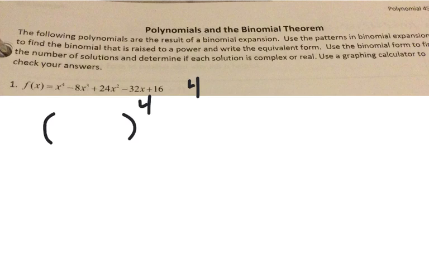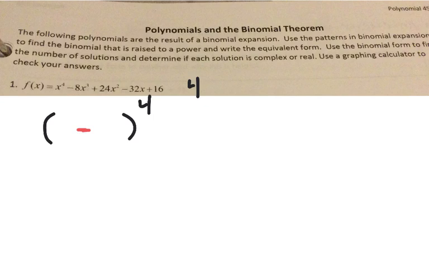Now, the next thing we can do is look at the signs. The signs are positive, negative, positive, negative, positive. So the signs keep alternating. So I know between my 2 terms, I'm going to have a subtraction sign because I have alternating signs. If they were all positive, it would be positive between them. But because it alternates, it's going to be a negative.